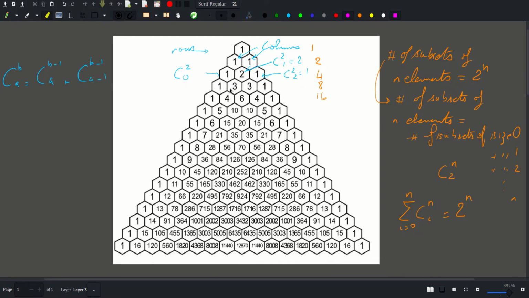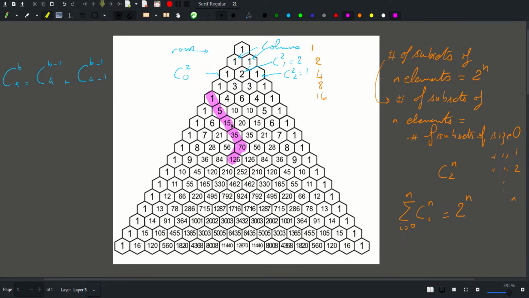Another interesting property of Pascal's triangle is called the Hockey Stick Theorem. So if we start from any position on the boundary here and we go down any number of steps we want, then we move once to the left, like forming a hockey stick, and we sum all these values, then they're going to be equal to this value. So we can try here.